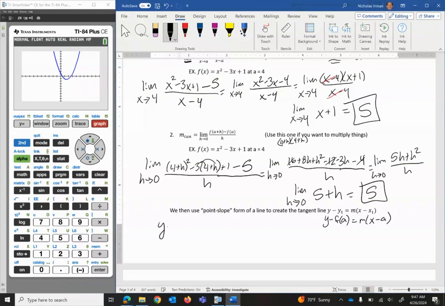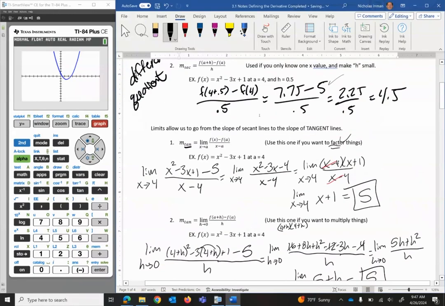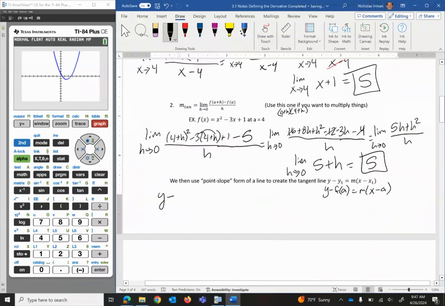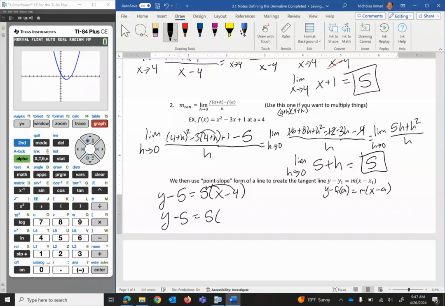So it would be y minus the y value, f of 4 was 5, equals m, our slope, which was also 5, times x minus a, which was 4. Distributing would be 5x minus 20. Adding the 5 to the other side. And we get this equation.